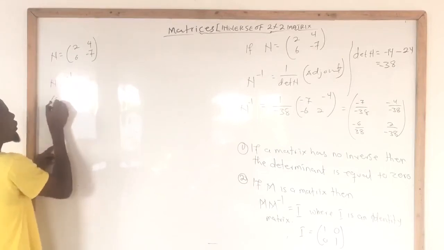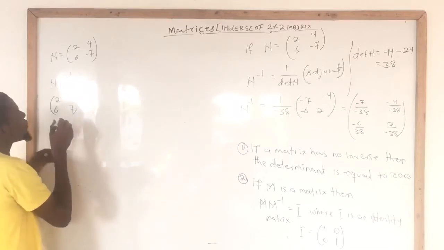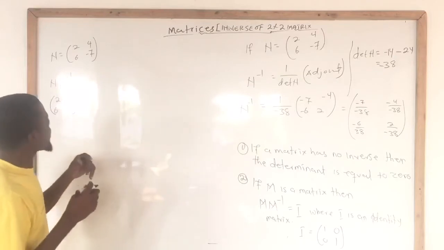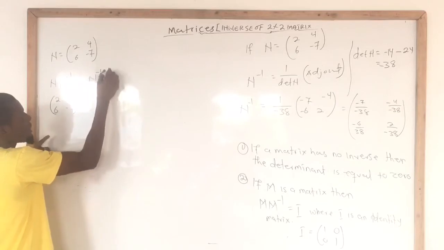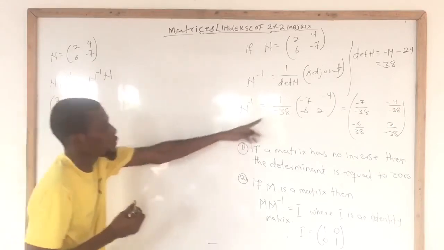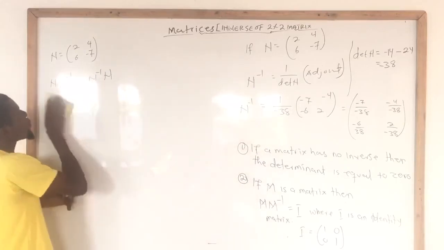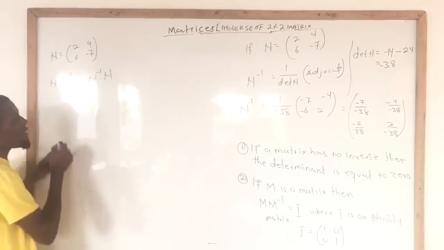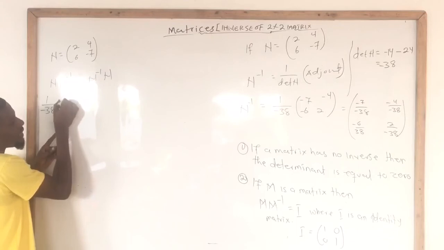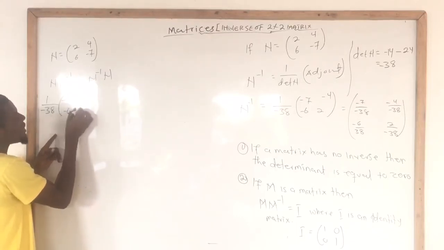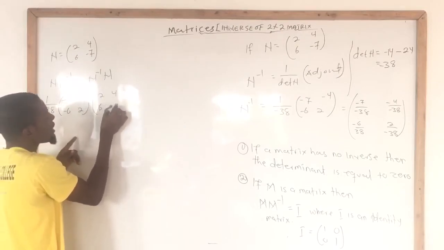Now I have the matrix n to be 2, 4, 6, -7. Now multiplying, this one is the same as n inverse times n. It's better to do it this way because of this particular fraction there. Okay, so let's rather do it this way. Let's bring the inverse first. So 1 over -38. The inverse is -7, -4, -6, and then 2. Now multiplying the inverse, that is 2, 4, 6, and then -7.